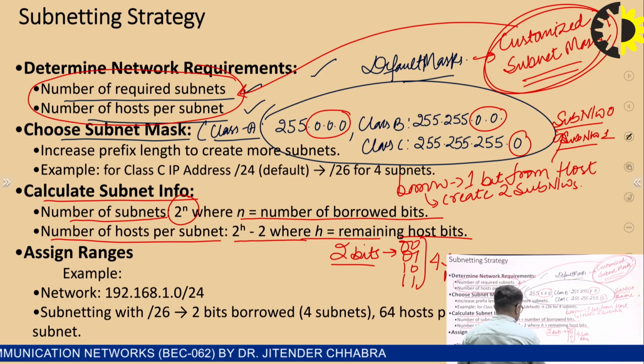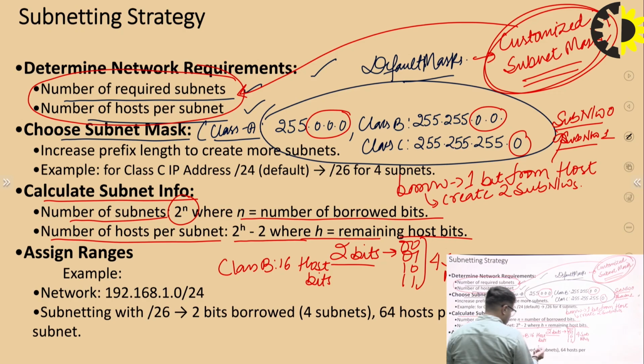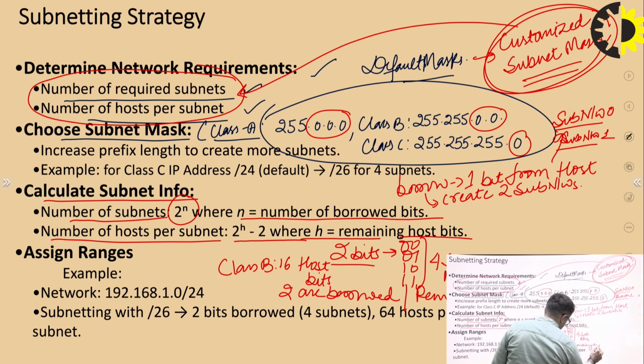So in a class B, there are 16 host bits. 2 are borrowed, so remaining are 14.